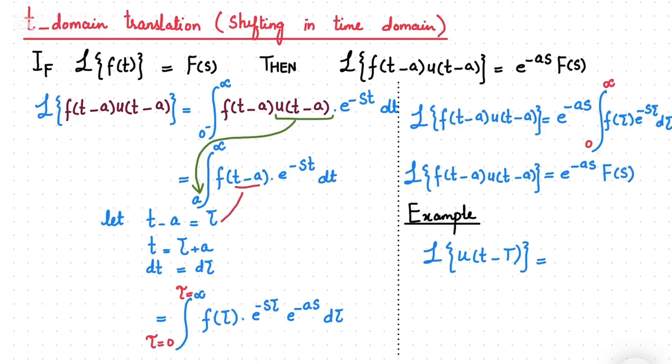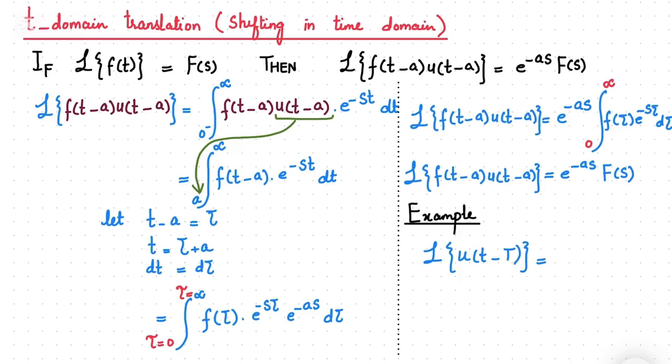So f of t minus a would be written as f of tau, and e raised to power minus st, and we know that t can be written as tau plus a, therefore e raised to power minus st can be written as e raised to power minus s tau and e raised to power minus s a. We have separated the power basically, and dt is equal to d tau, therefore this dt is replaced by d tau over here.